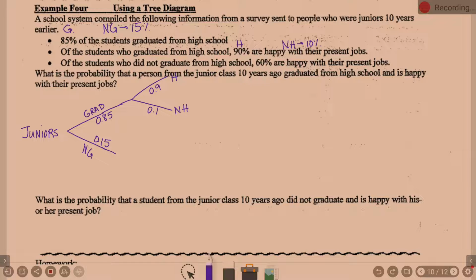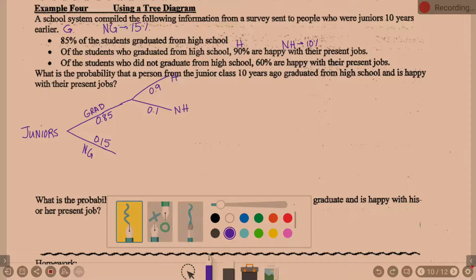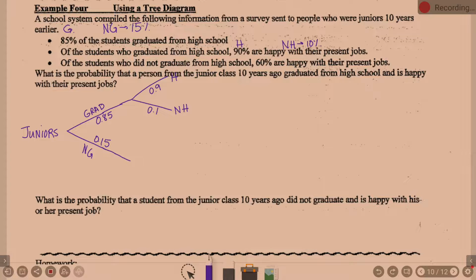Okay, those are the juniors that graduate. What about the juniors that did not graduate? What are the options for them? Same thing. They are either happy with their present job or not happy with their present job. What are their percentages? 60.